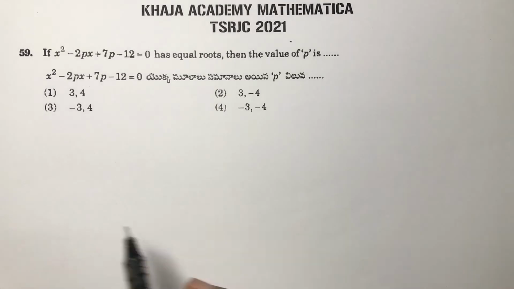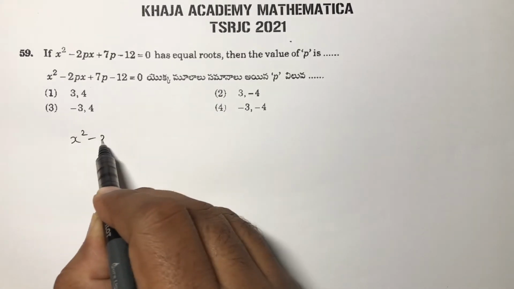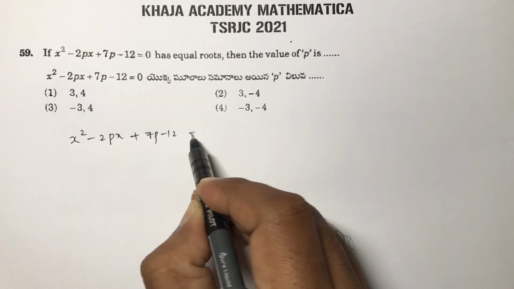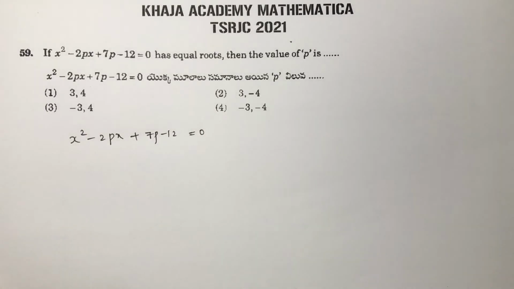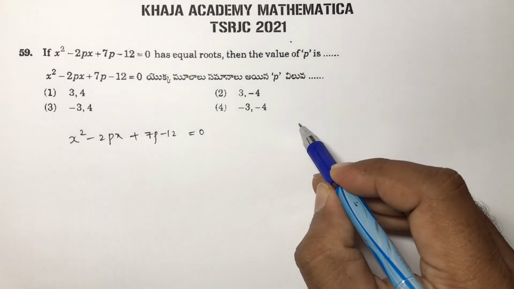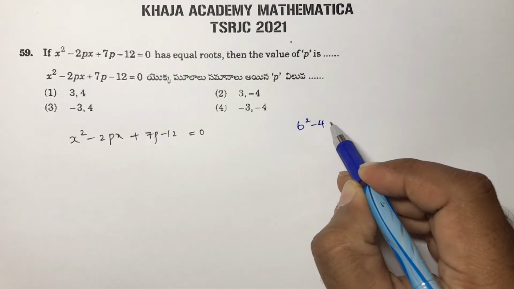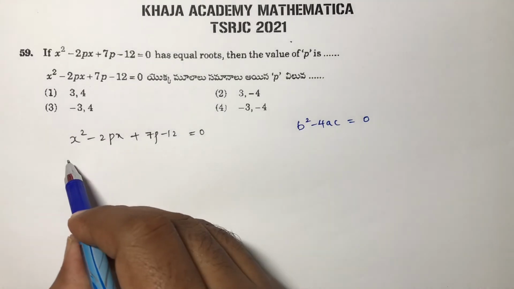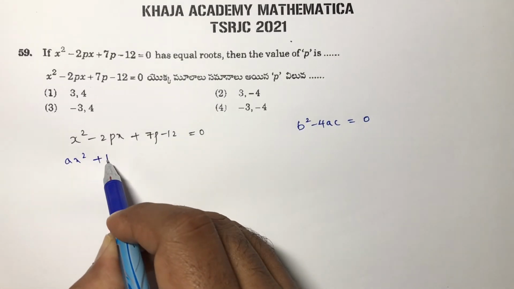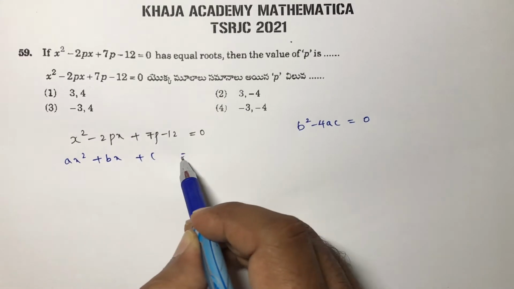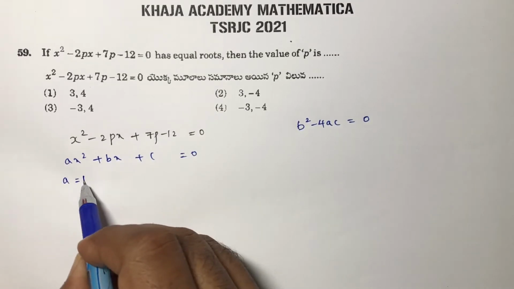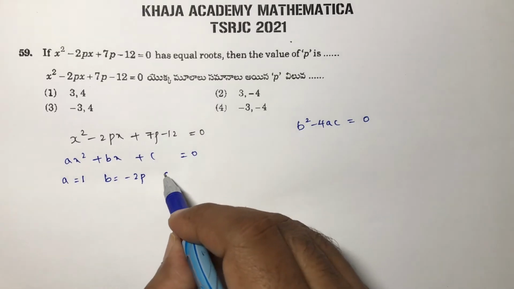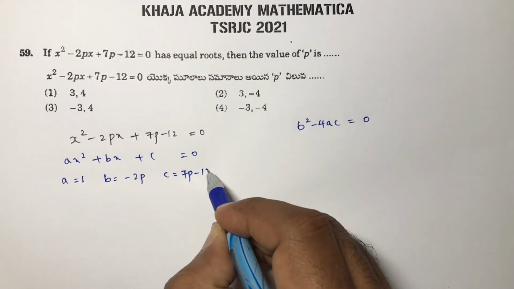If x square minus 2px plus 7p minus 12 equals 0, so here the roots are equal. Then discriminant b square minus 4ac equals 0. Comparing with the standard ax square plus bx plus c, the value of a is 1, b is minus 2p, and c is 7p minus 12.